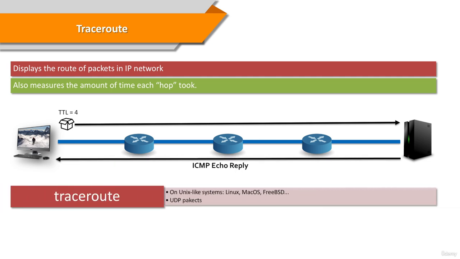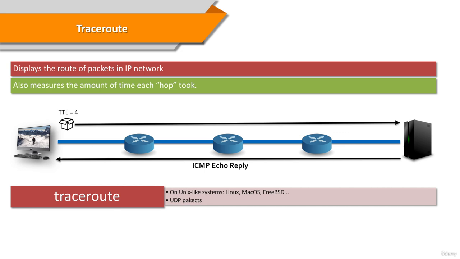The command traceroute is available on many modern operating systems. On Unix-like systems such as FreeBSD, macOS, and Linux, it's available as a command line tool. On Unix-like systems, Traceroute sends, by default, a sequence of UDP packets.